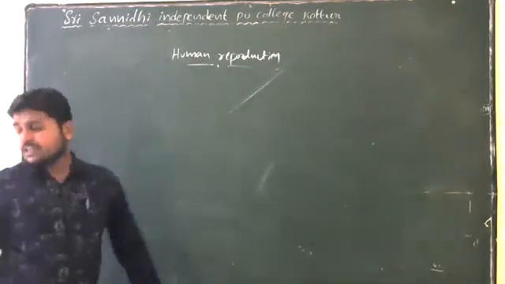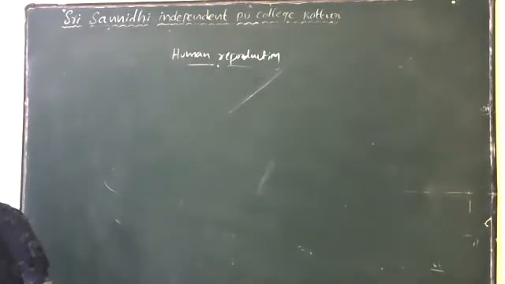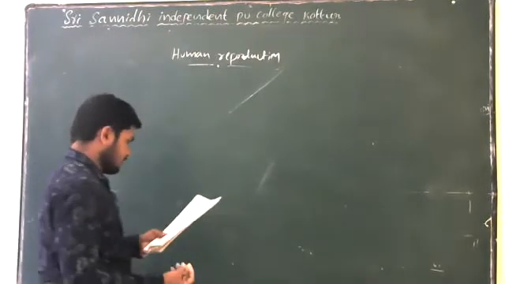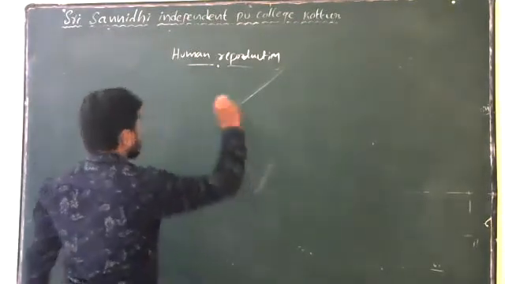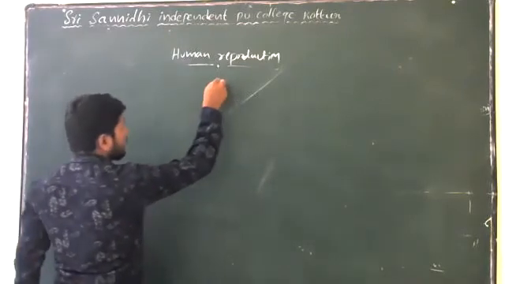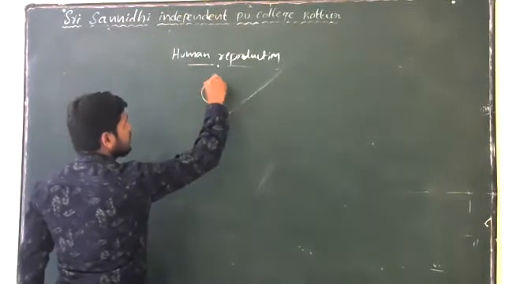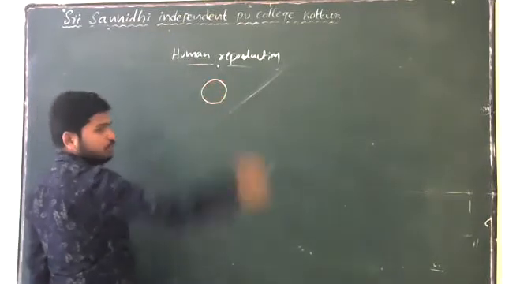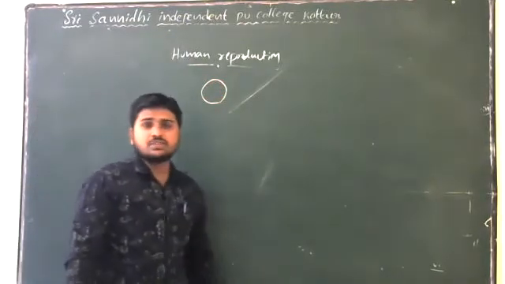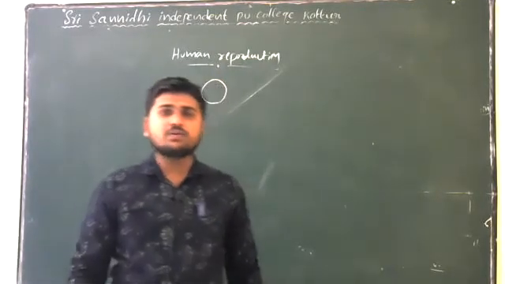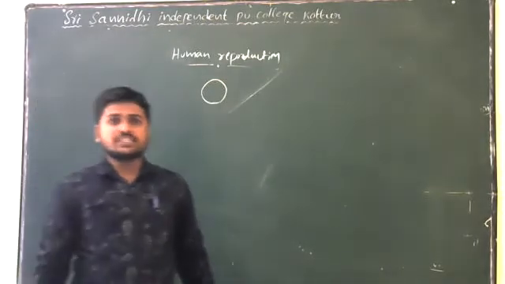Now what do you mean by spermatogenesis? It is male gametogenesis, the process of synthesis of sperm. During spermatogenesis, inside the wall of the seminiferous tubule, there are two types of cells: male germ cells, or spermatogonia, and Sertoli cells.